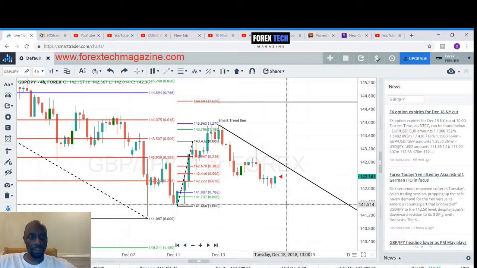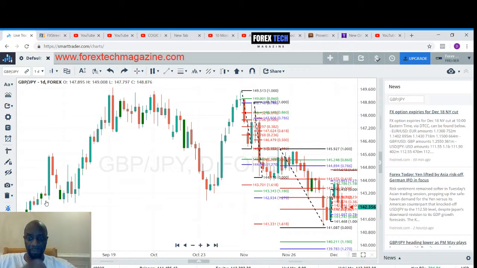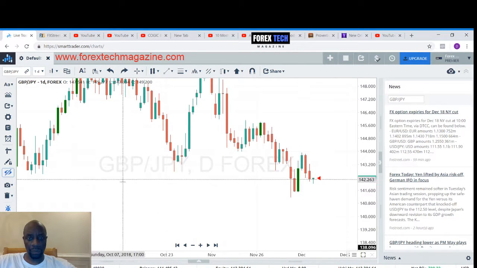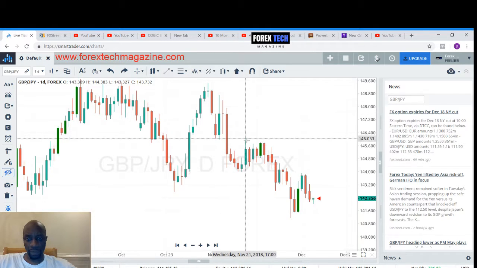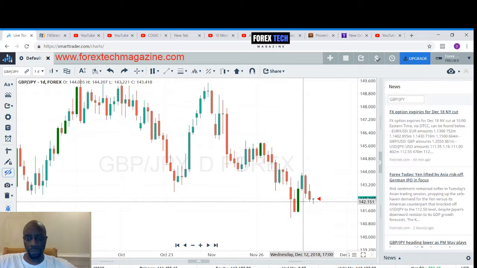This is the Great Britain Pound, Japanese Yen, and I placed this trade. First, let's look at why we placed it. Let's clear the screen. As you can see, we're in a downward channel, right? Price is moving down.